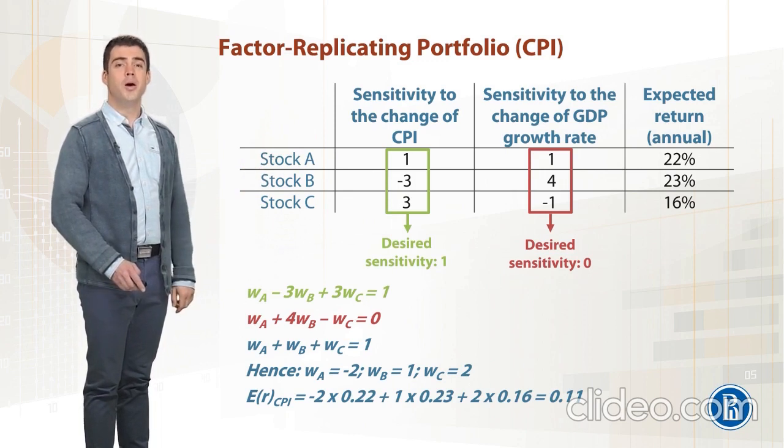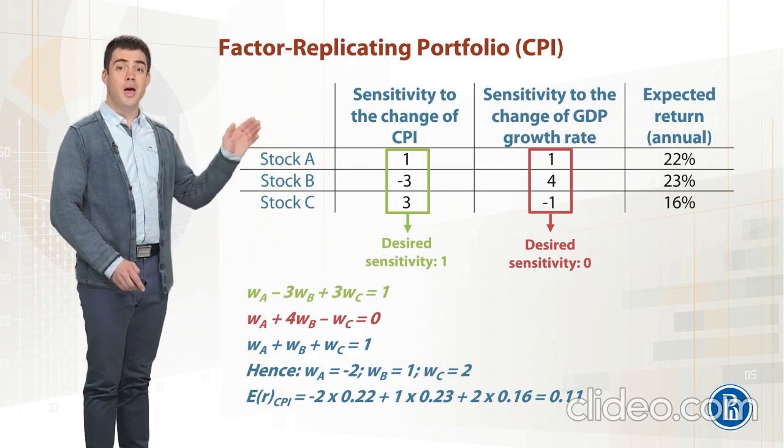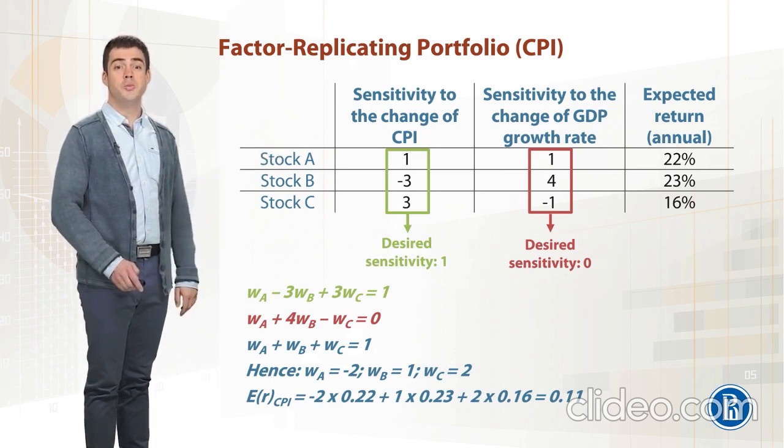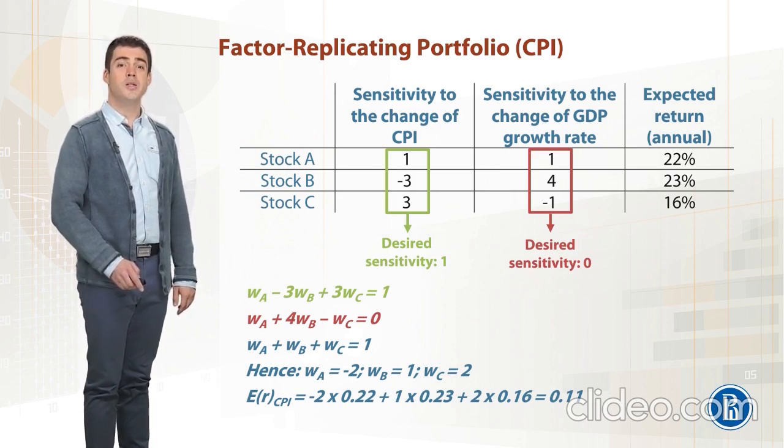And the third one, as usual, is the total weight of all stocks A, B, and C, which should always be equal to 100%. This system has a single solution, and the weight of stock A should be minus 200%, the weight of stock B should be 100%, and the weight of stock C should be equal to 200%.